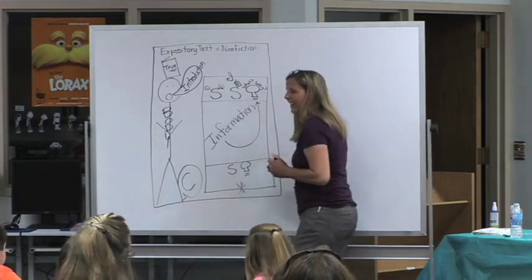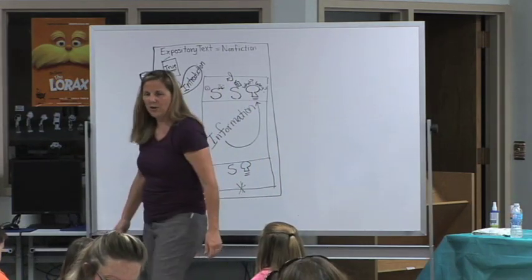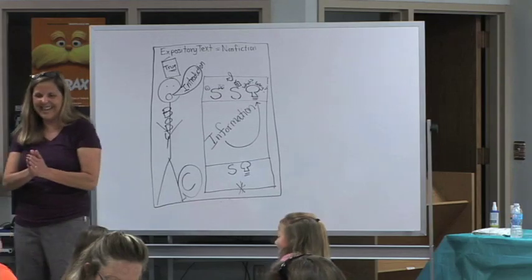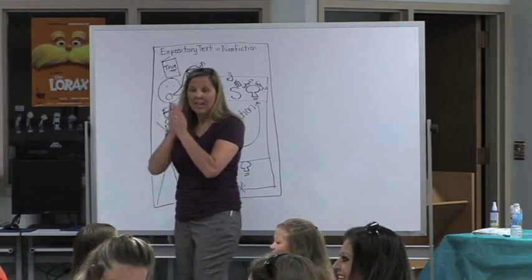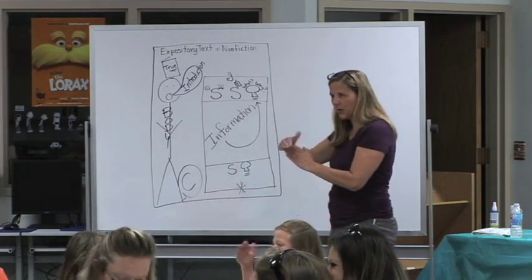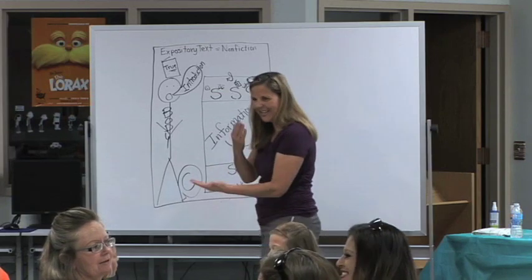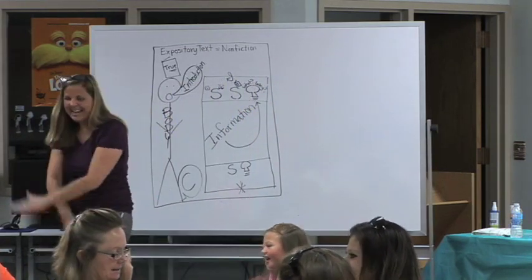Okay, are you ready? See if you can say the whole thing to your partner. Turn to your partner, put your hands together, take a deep breath. Ready, set, go. Expository text. That's nonfiction, which is true information, and it always has the same parts. An introduction, a body, and a conclusion.